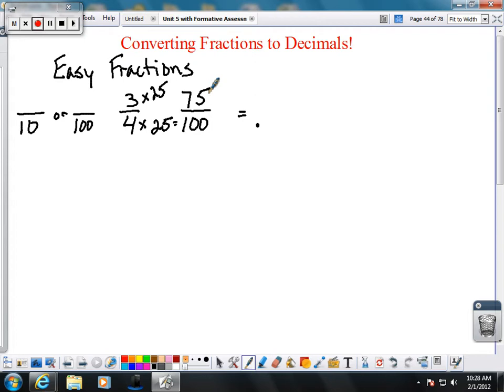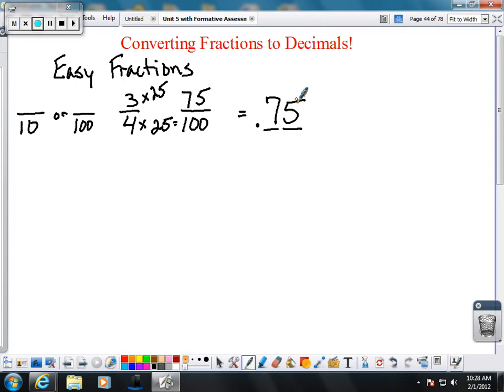I get my new fraction equivalent to 3/4, which is 75 hundredths. Now we use what I call read it and write it. We read 75 hundredths and we write 75 hundredths. Remember, it has 2 places to the right of the decimal. I read the whole number, 75, and say the place value of the last digit: 75 hundredths.